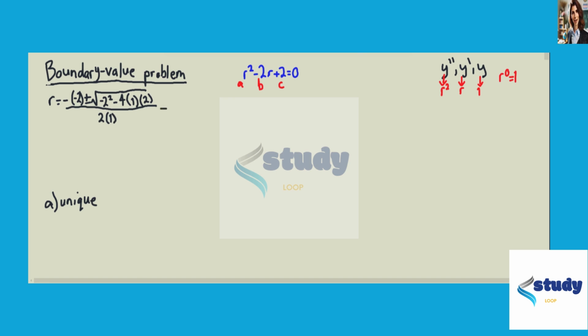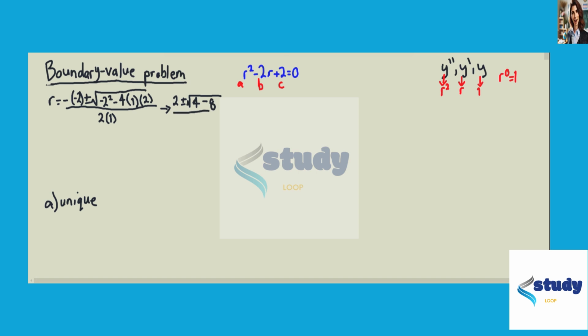Let's go ahead and simplify this. -(-2) is just going to become a +2, plus or minus the square root of 2 squared, -2 squared is going to be 4, minus 4 times 1 times 2, which will become 8.